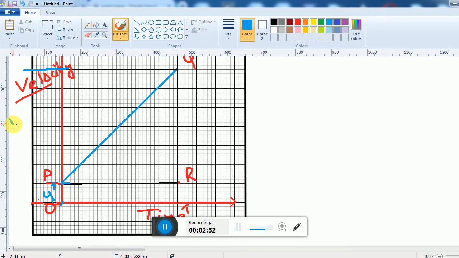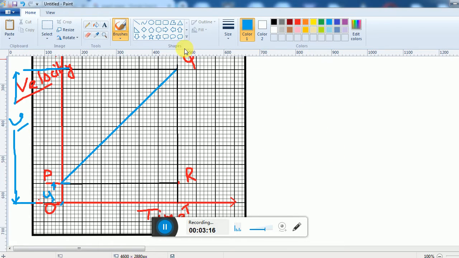This is v, from the origin up to here. So the velocity has increased from u to v, where v is the final velocity and u is the initial velocity.